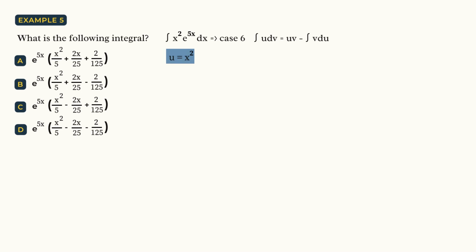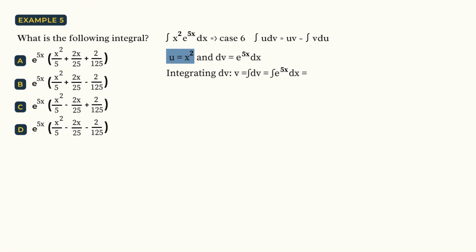Let's go ahead and write that down. So now the rest of the integral is our dv. Let's write this down. So dv equals e power 5x dx. In order to calculate v, we have to integrate dv. Let's go ahead and do that. We'll have v equals integral of dv, and this is just a pretty straight formula, integral of e power 5x dx.